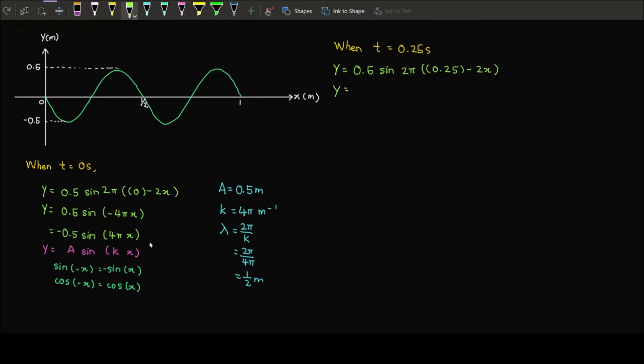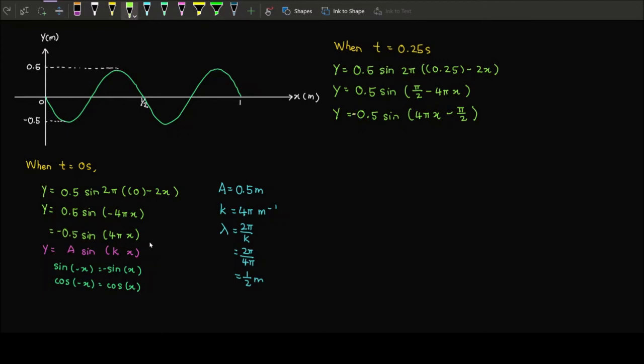So if you substitute in everything, it will be 0.5 sine, then there's a pi over 2, and there's negative 4 pi x. Usually we put our phi at the back, so let's rearrange the equation a bit. So it will be 0.5 sine 4 pi x minus pi over 2. I bring out the negative sign to the front.